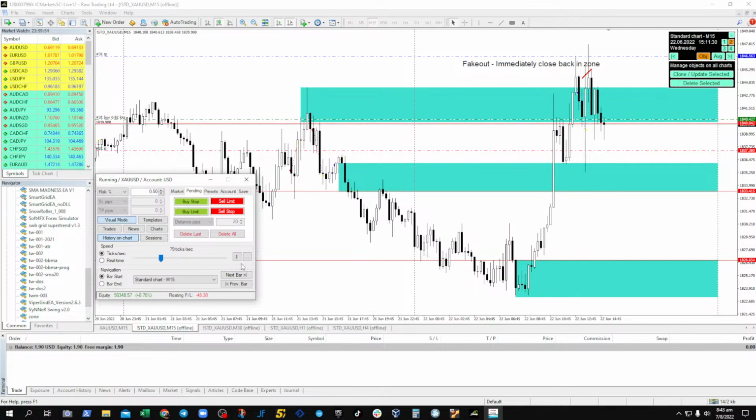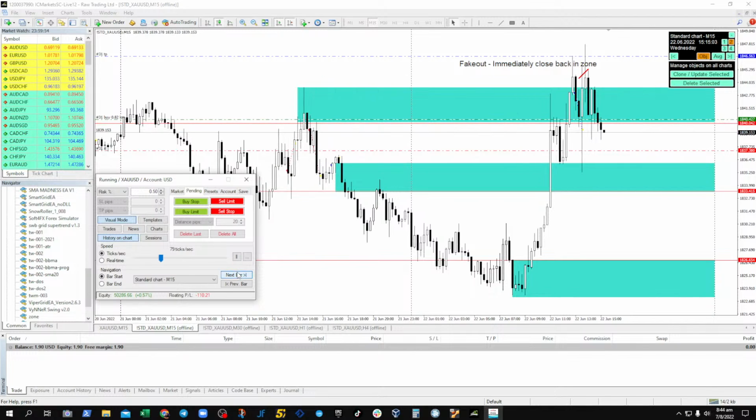Come on, please make a support. No, it doesn't look like you're making a support. Okay. We need this candle to break above that. Okay, so it break above.